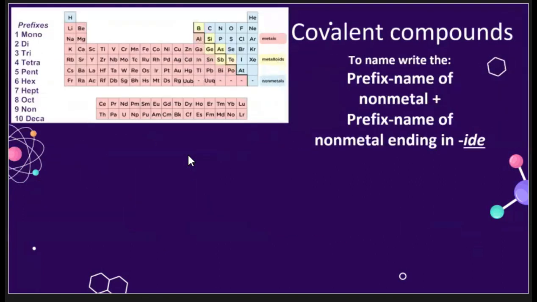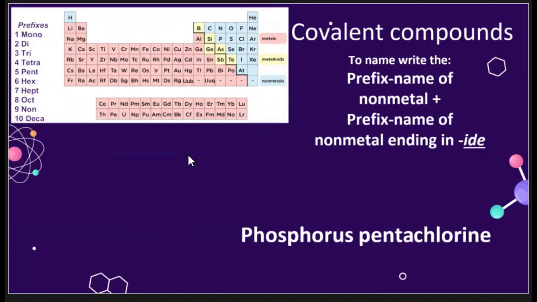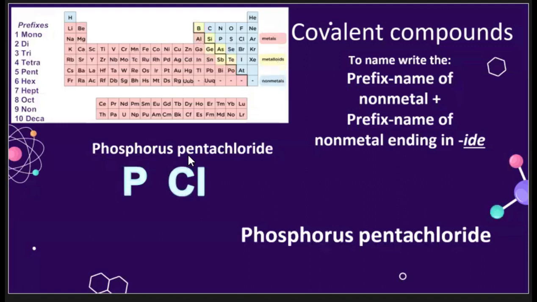Another one, phosphorus pentachloride. Instead of writing chlorine, write chloride, which ends with IDE. To write the chemical formula for phosphorus pentachloride, we have P for phosphorus and Cl for chlorine. Walang prefix si phosphorus, which means we have 1 phosphorus here. And in pentachloride, penta means 5, so we have 5 chlorines. So we can write the chemical formula for phosphorus pentachloride as PCl5.